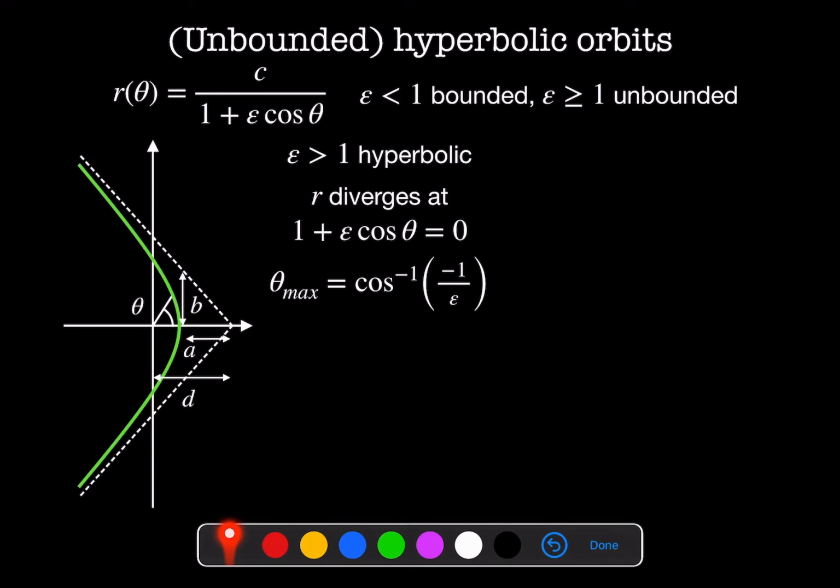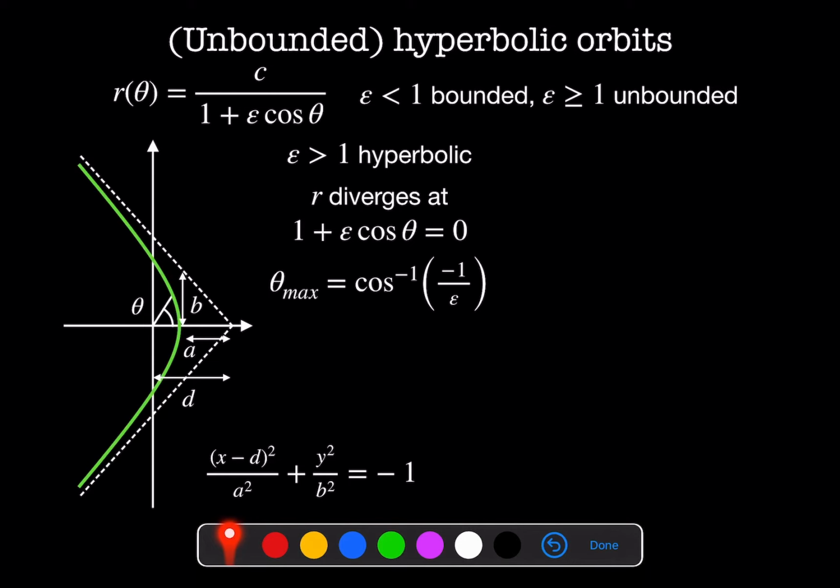And D is the distance between the origin of my coordinate system and the place where the asymptotic lines converge. So the implicit formula here is (x minus d) quantity squared divided by a squared plus y squared over b squared is equal to minus 1.